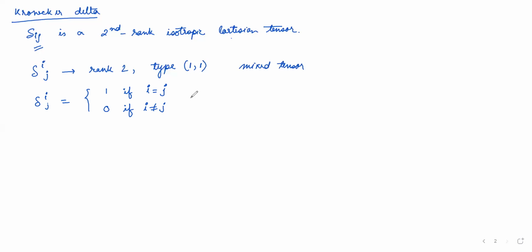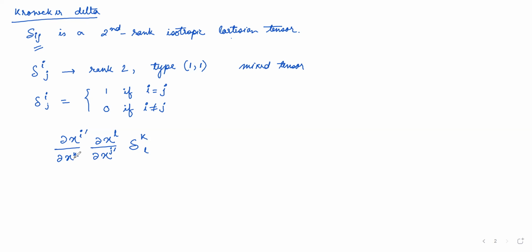So the transformation equation is this: ∂x^i' divided by ∂x^k, ∂x^l divided by ∂x^j', delta^k_l. This is the transformation equation for delta^k_l when we move from the unprimed frame to the primed frame.